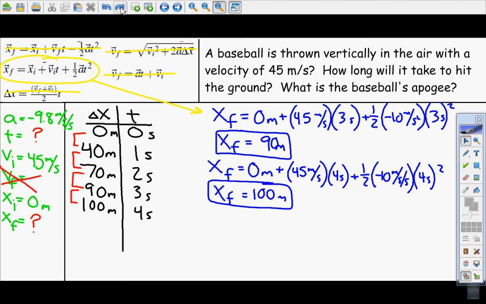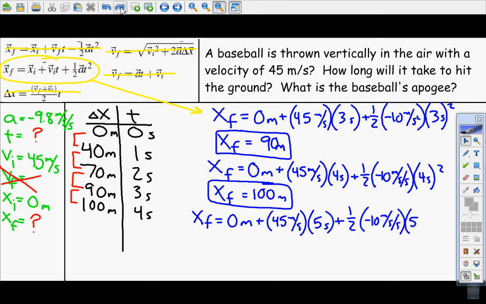So it seems to be slowing down because we're getting less distance per second. Let's check out the 5th second and see what we get. So plug in 5 seconds into our equation, and we find that 5 seconds leads to a displacement of 100 meters.